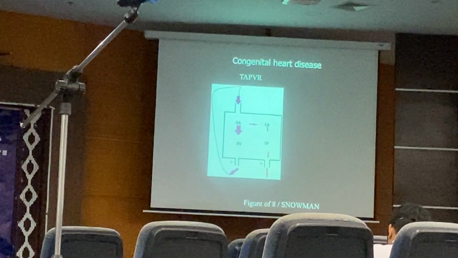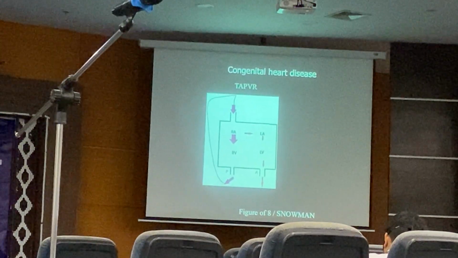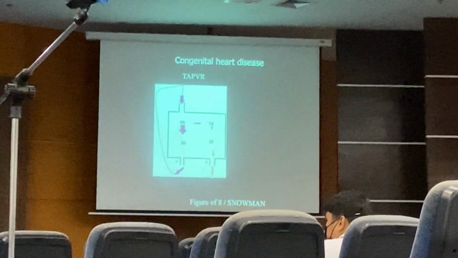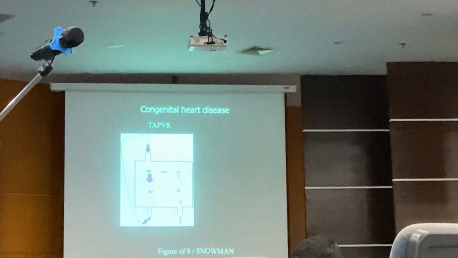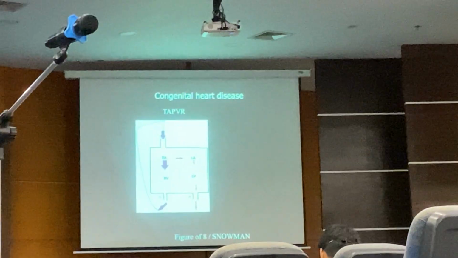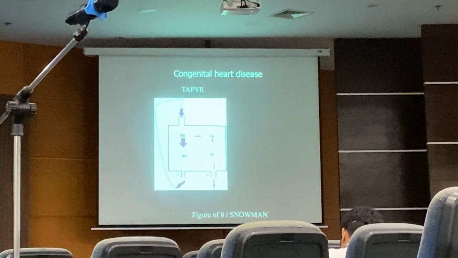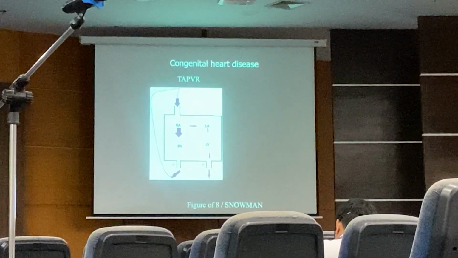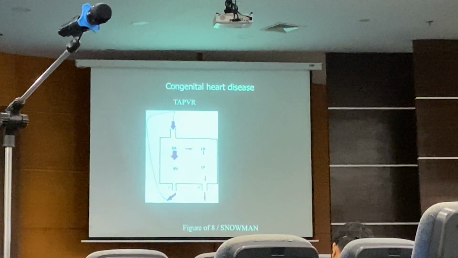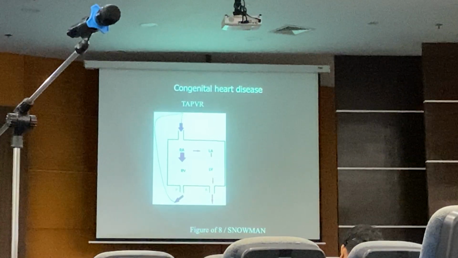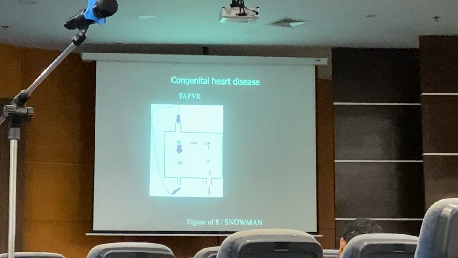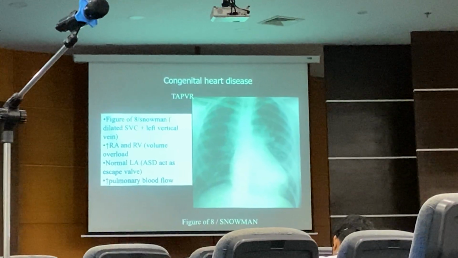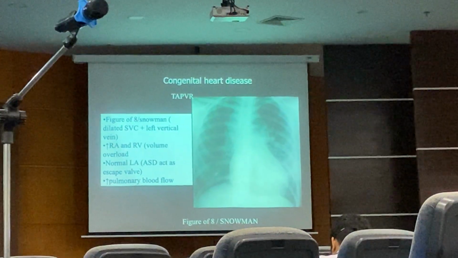In total anomalous pulmonary venous return, you have an abnormal communication. Your blood from the pulmonary circulation would go back to the right side of the heart. Most likely, that anomaly would go to the coronary sinus of the right atrium. In pattern recognition, you see a figure of 8 or Snowman's sign.